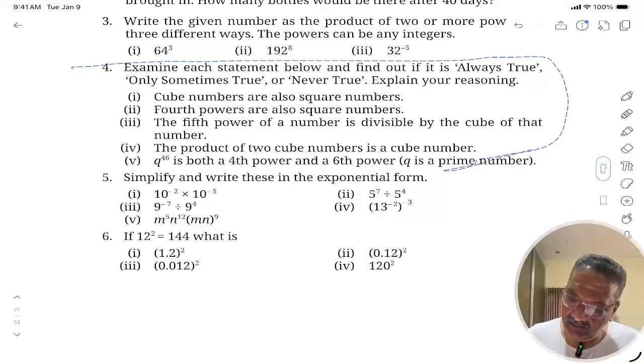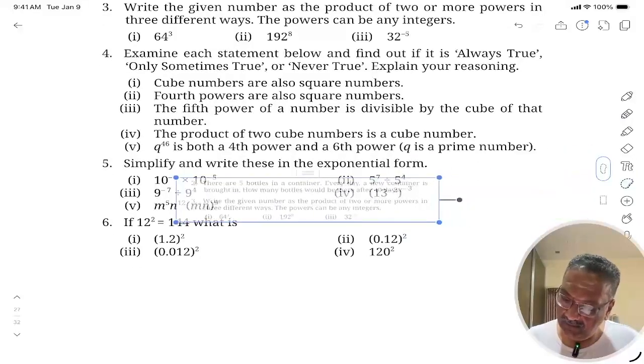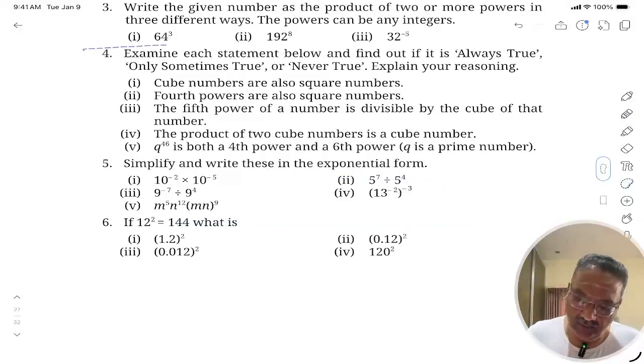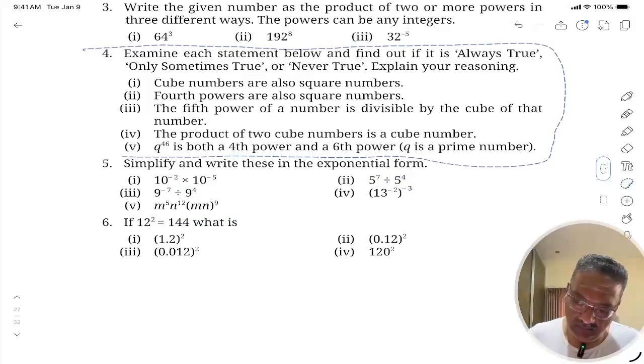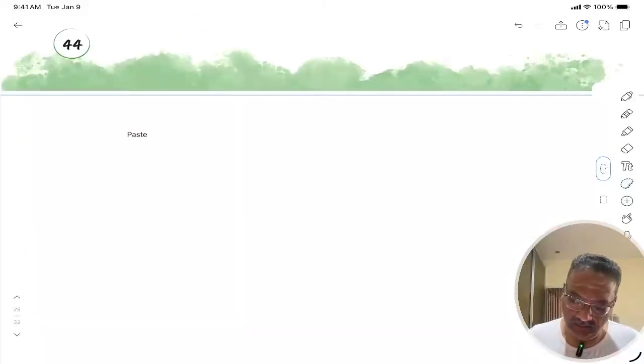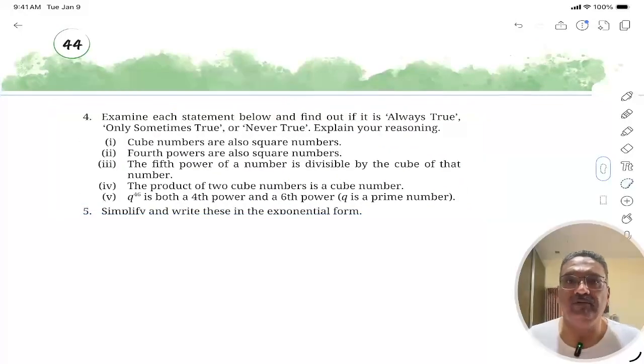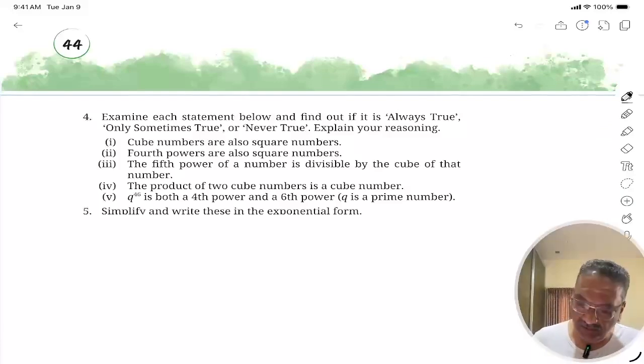Examine each statement below and find out if it is always true, sometimes true, or never true, and explain your reasoning.